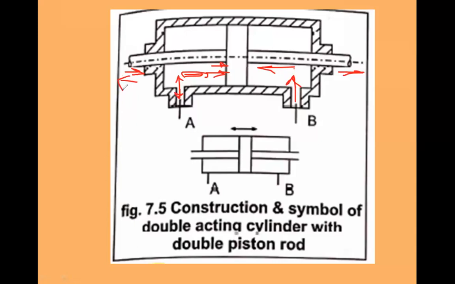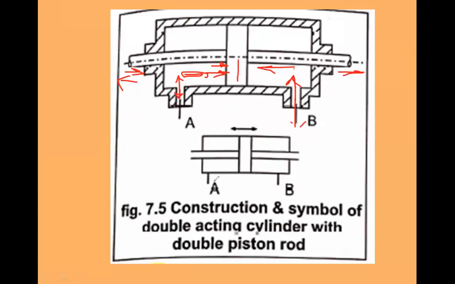Due to that it is called a double acting cylinder with a double piston rod. Here the piston is the same but the piston rod is double. Fluid is taken in from A and acts on the piston surface; through port B, fluid will come outside from this portion of the cylinder, and the reverse action will happen.